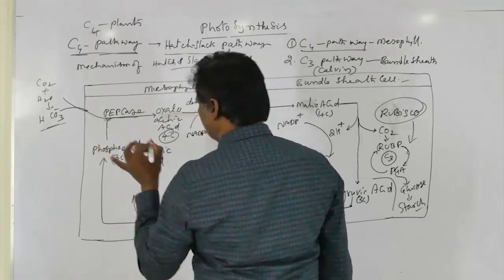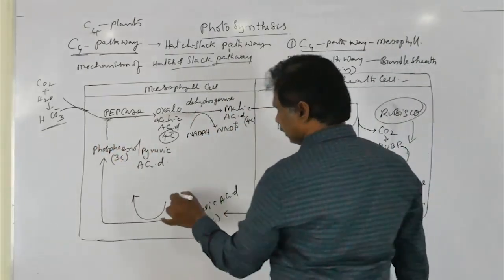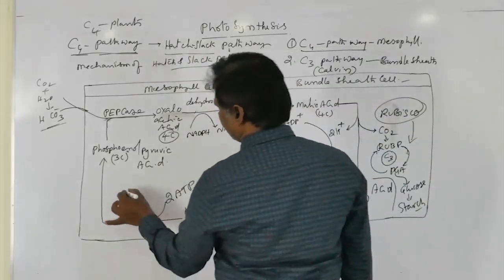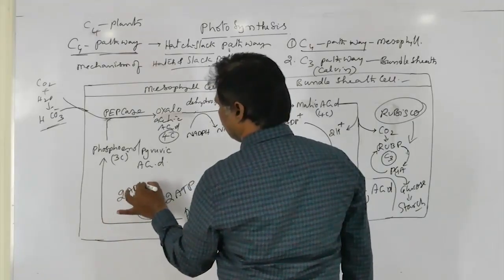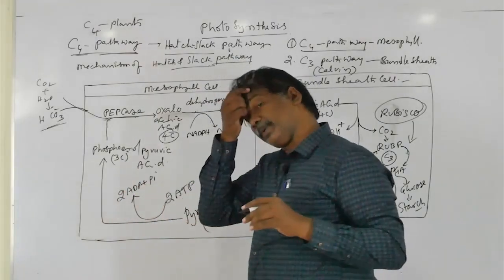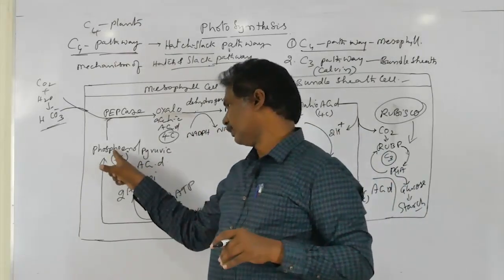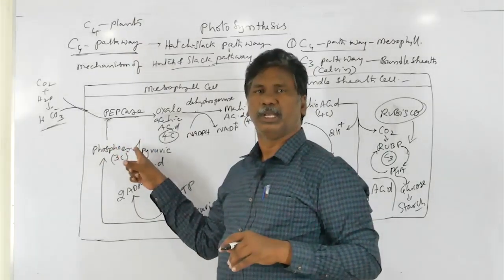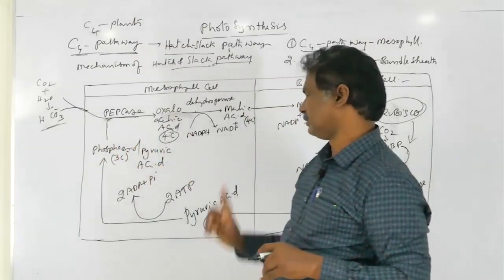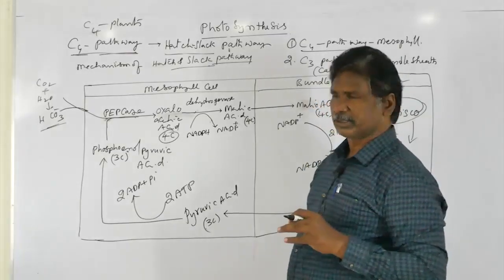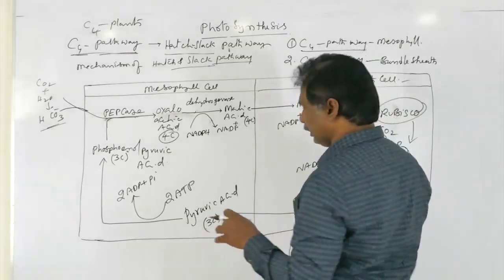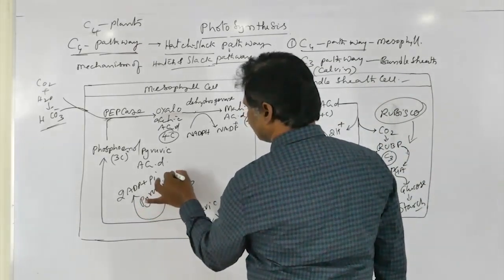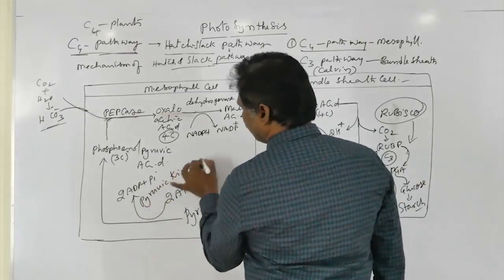Phosphoenol pyruvic acid is formed by utilizing 2 ATP, converting into 2 ADP plus 1 Pi. So one phosphate is attached to the pyruvic acid, hence it is called phosphoenol pyruvic acid. Another phosphate is also released for energy purposes. They utilize 2 ATP molecules in the presence of the enzyme pyruvic kinase.